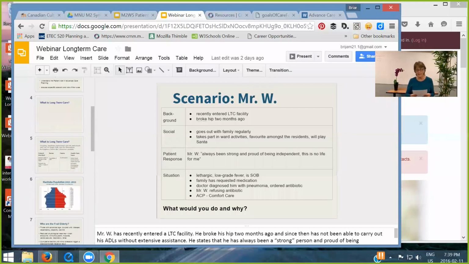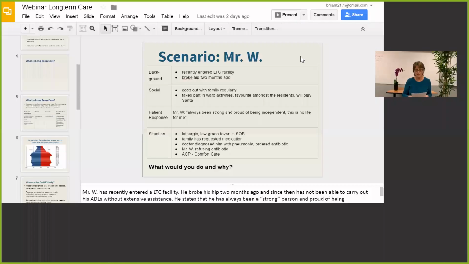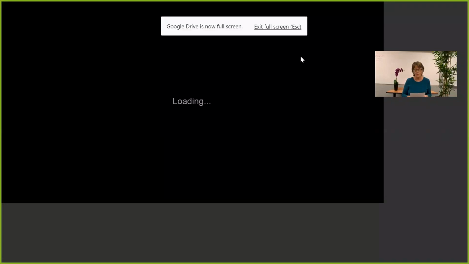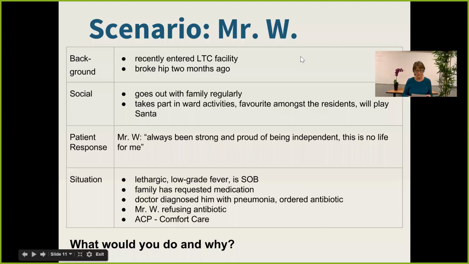Mr. W has recently entered a long-term care facility. He broke his hip 2 months ago and since then has not been able to carry out his activities of daily living without extensive assistance. So he's now frail. He's in personal care. He states that he has always been a strong person and proud of being independent. And he says, this is no life for me.